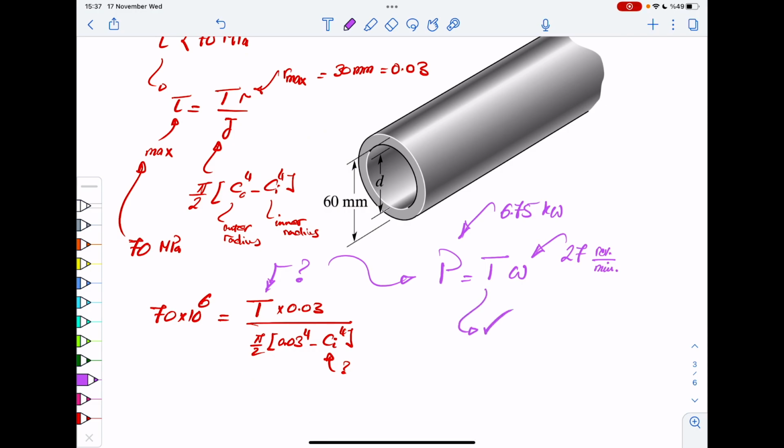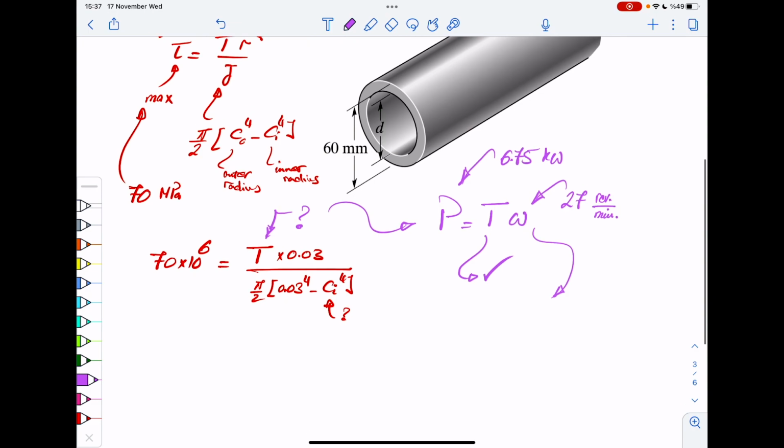The only thing that you need to be careful about is that this omega is expressed in revolutions per minute, so you need to transform it to radians per second to have consistent units.